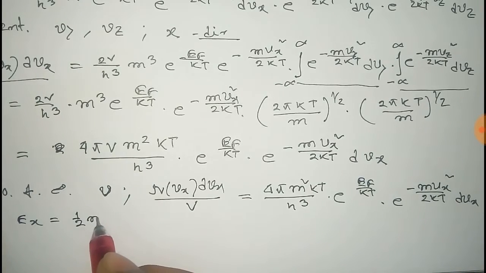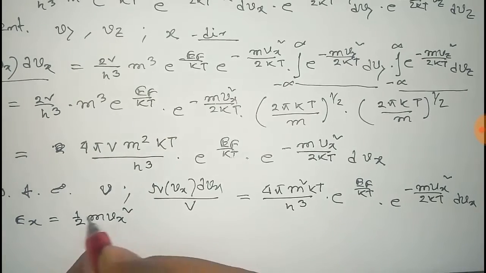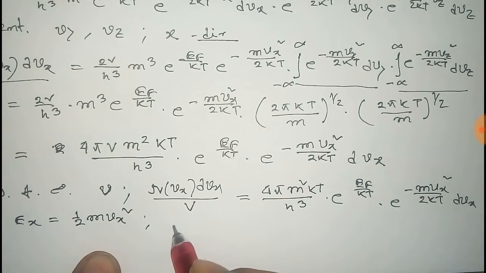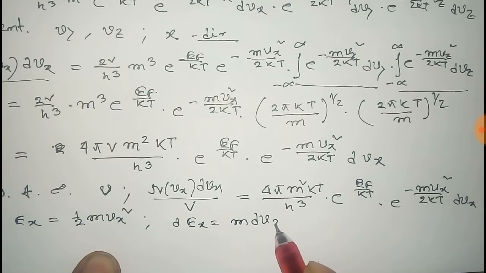Now consider that Ex equals half m vx square. So put this value there, and after differentiating we get dEx equal to m dvx.